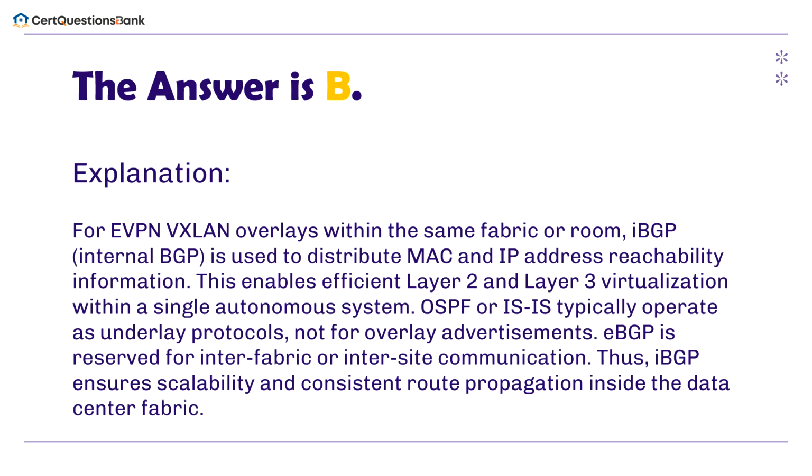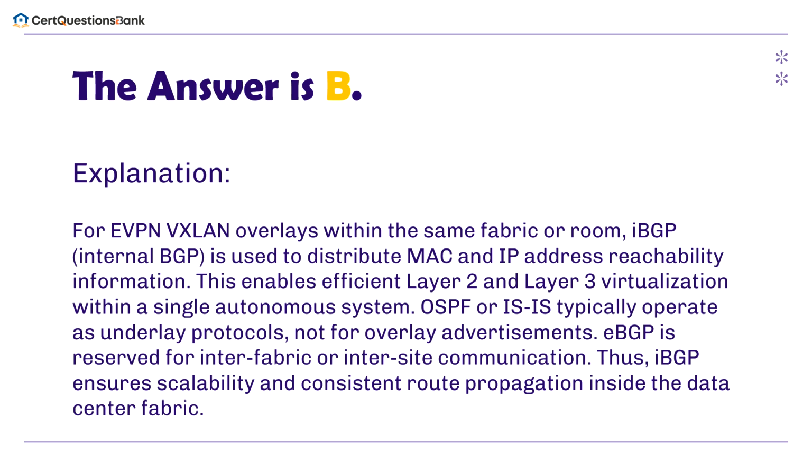For EVPN-VXLAN overlays within the same fabric or room, IBGP, internal BGP, is used to distribute MAC and IP address reachability information. This enables efficient Layer 2 and Layer 3 virtualization within a single autonomous system.